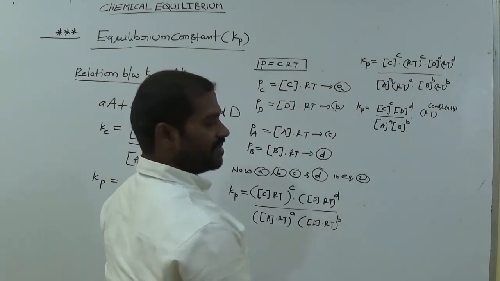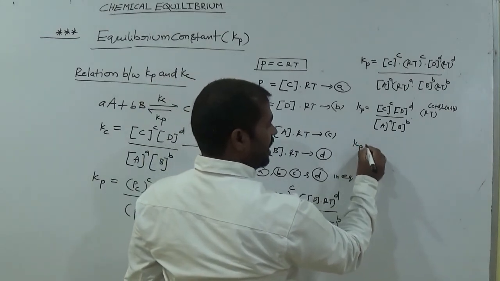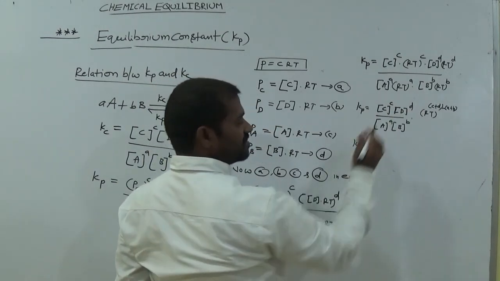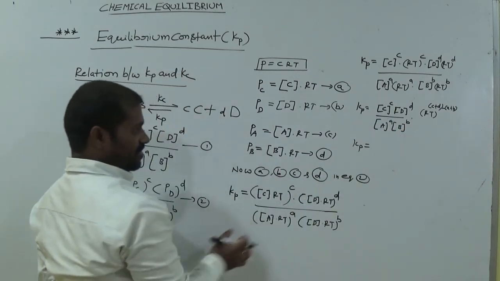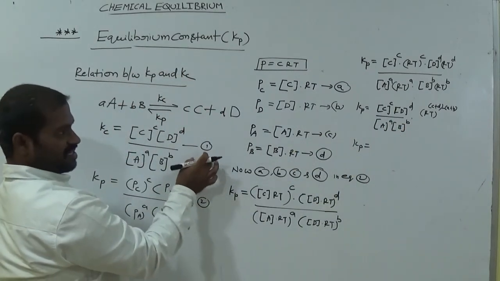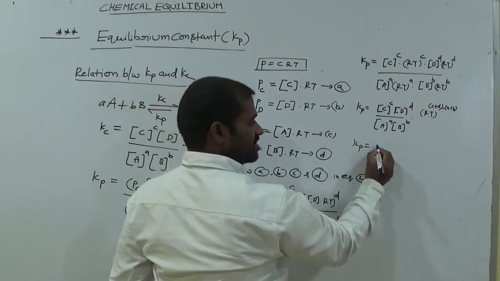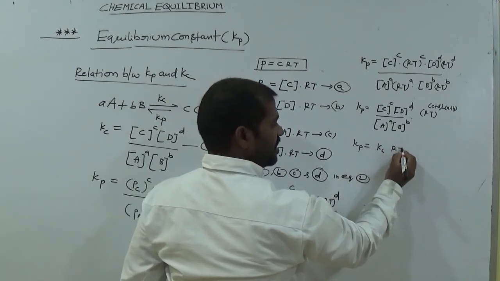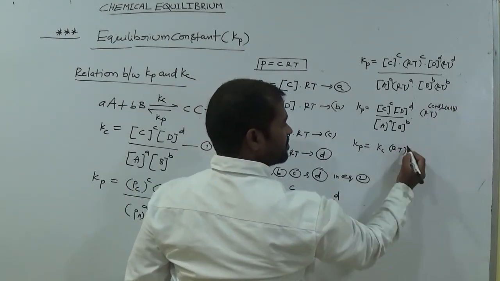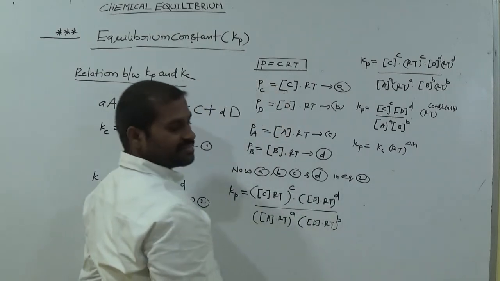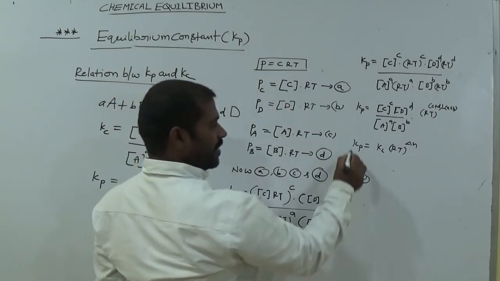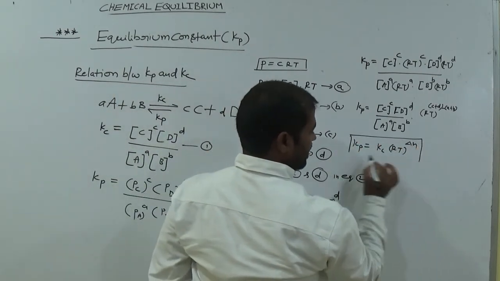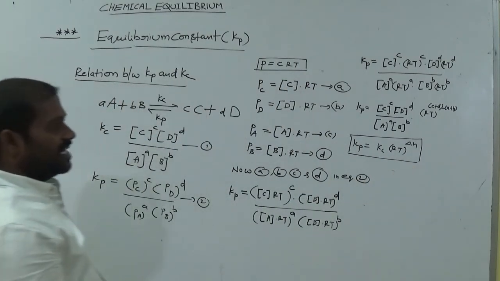So from this one, Kp is equal to, what is this value? This becomes Kc, from equation 1. So Kp is equal to Kc, RT whole power, what about this one? Delta n, am I right? So finally, Kp is equal to Kc, RT whole power delta n.